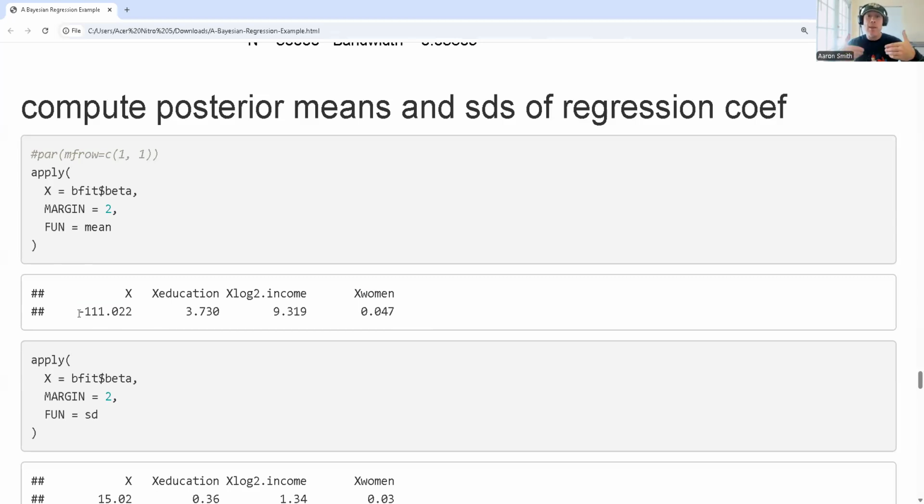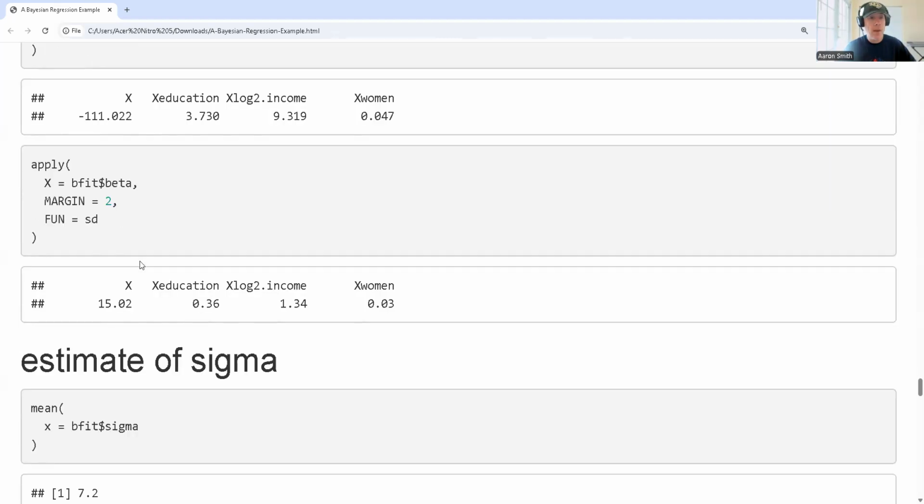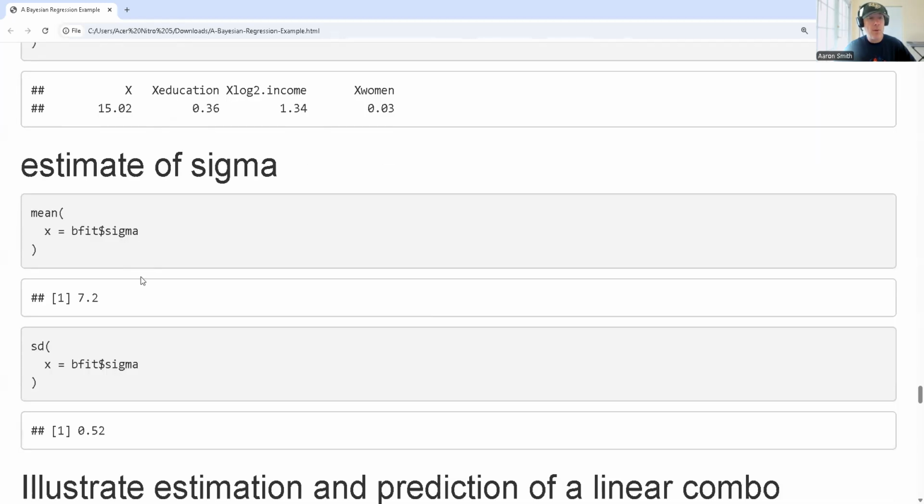But if I wanted to do a deeper analysis of these coefficients as random variables, I have an entire probability distribution to dig into, so I have more information than I would have had with a regular model. Here I can also compute the standard deviations of each of these. Let's estimate sigma and its standard deviation. Sigma is about 7 with a standard deviation of 0.5, so this is the standard deviation of the standard deviation.